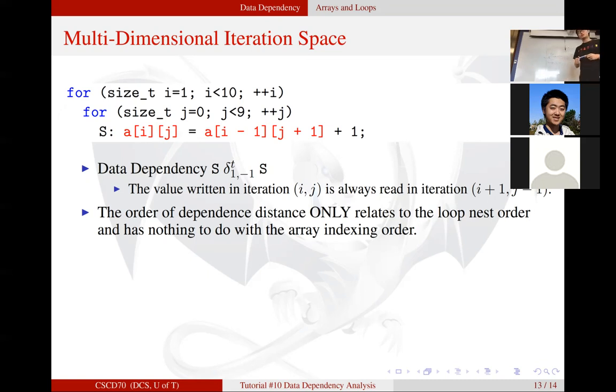So this is why, in those data dependency analyses, like the graph that we have previously shown during the lecture, where we have this 2-dimensional graph, or the data dependency notations that we discussed here, in those two cases we're always referring to the iteration space, which is how the loops are formed.